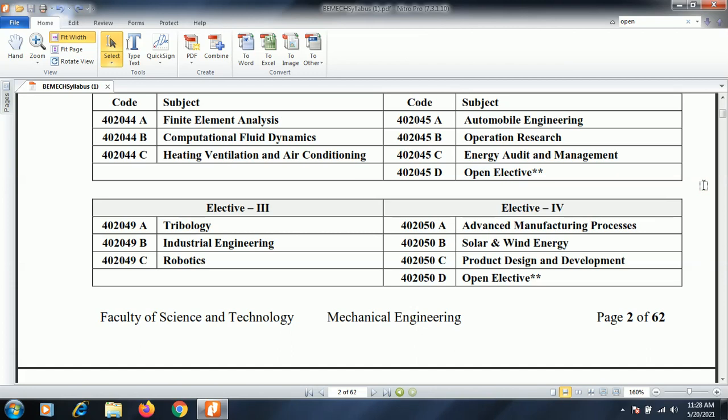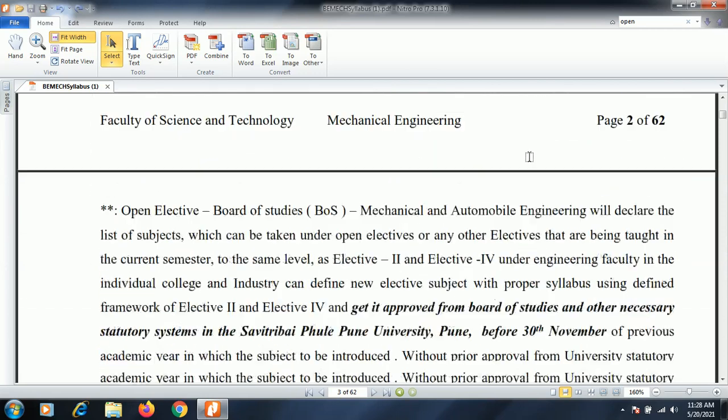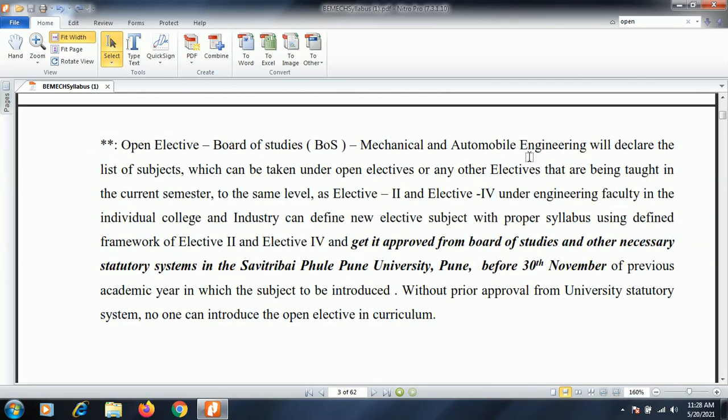But most probably students opt for either automobile engineering, operation research or energy audit, as per the previous record. The board of study mechanical and automobile will declare the list of subjects which can be taken under open elective or other electives that can be taught in the current semester.